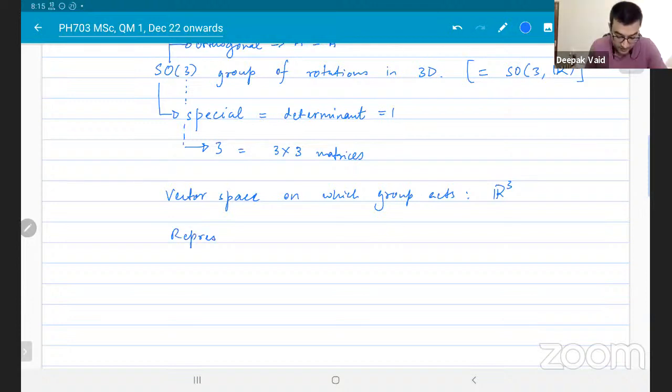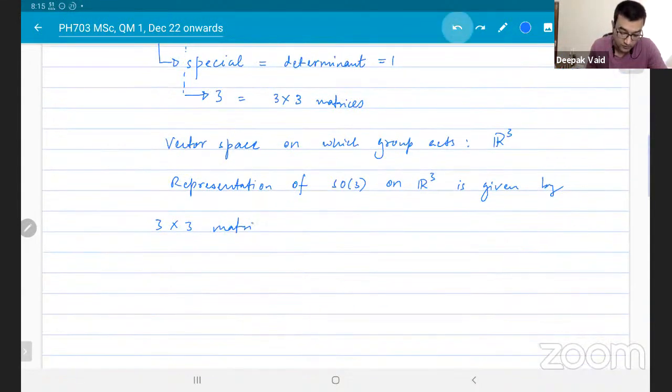And then we say that on this vector space, the representation of SO3 is given by 3 by 3 matrices. Okay. So now you can have other representations of the same group.